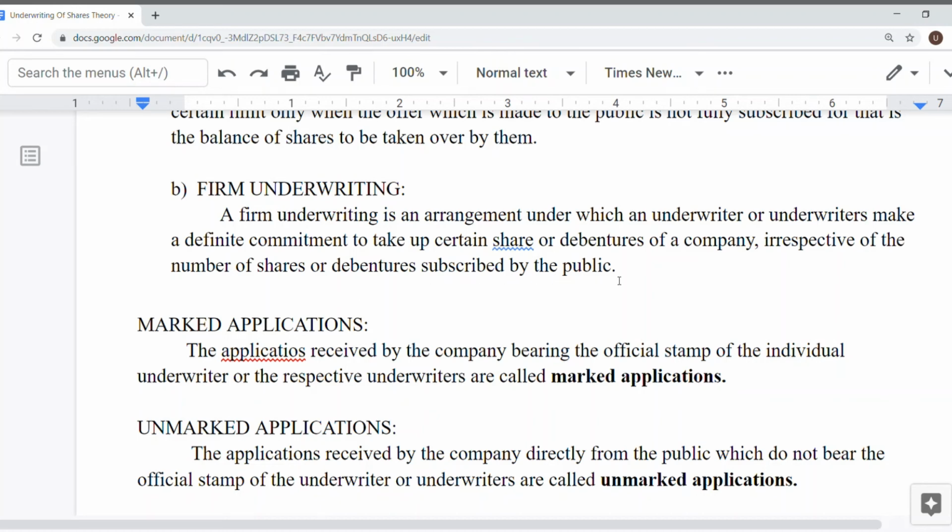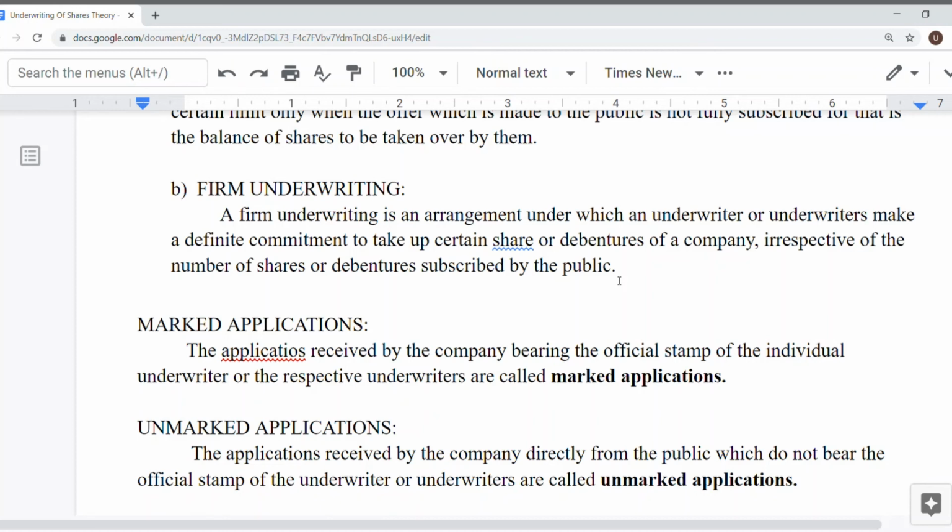So in firm underwriting, what is happening is, at first itself, underwriters will tell, like, if the public company is issuing 50,000 shares, the 35,000 shares will be underwritten by these underwriters.